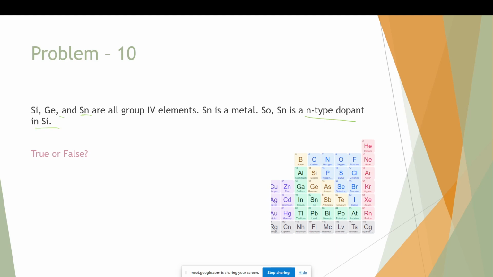Is it true or false? Tin here is a metal, so can it act as an n-type dopant for silicon?